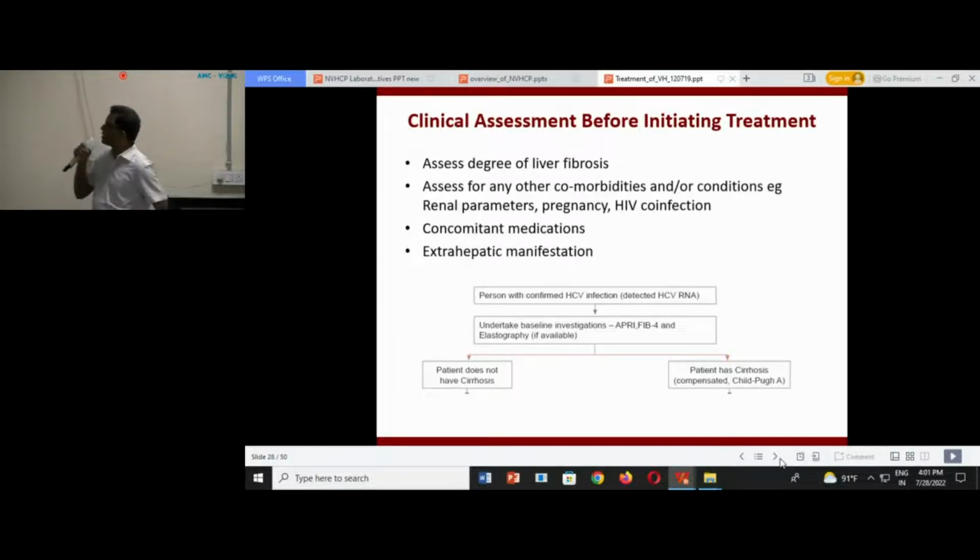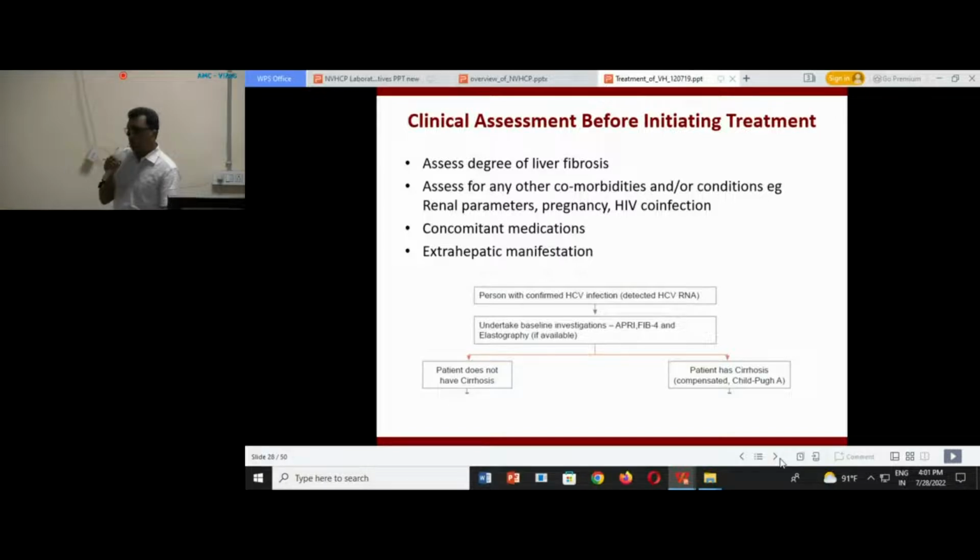So how to assess the liver stage, that is liver fibrosis? Now we have some non-invasive tests to diagnose this liver fibrosis. And also we should assess for any comorbidities because we should know the renal parameters, pregnancy, associated HIV co-infection, because again the treatment duration and the selection of drugs differ.